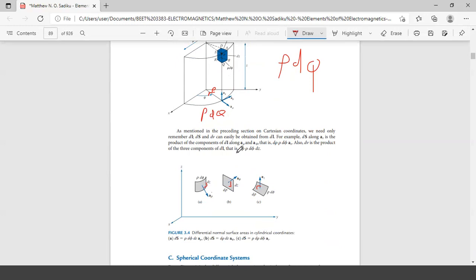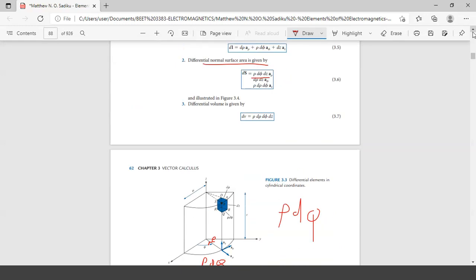And same with the surface with d rho and rho d phi, so the normal is dz. So the equation becomes rho d phi dz in the direction of rho, d rho dz in the direction of phi, rho d phi d rho in the direction of z. The differential volume is given by rho d rho d phi dz.